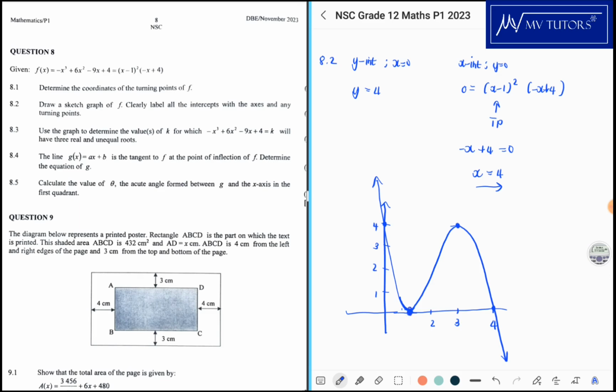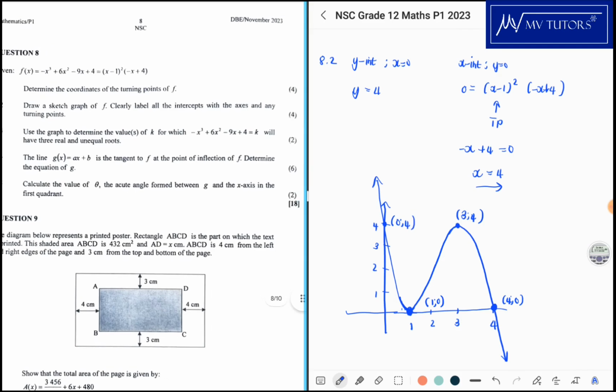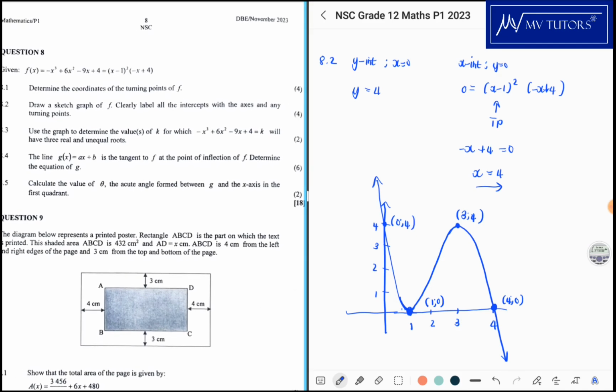Okay, make it clear that's 1. Okay, put it there, 1, 0, 4, 0, and that one, let's just remove that little bit there. Obviously you're going to draw it much nicer than me, so that will be 3, 4, and that will be 0, 4. And how many marks is it? 4 marks. Yeah, I think we've shown everything that we need to, and that should be enough.